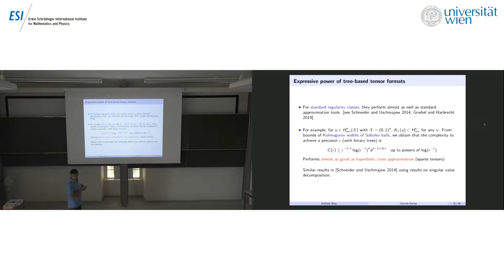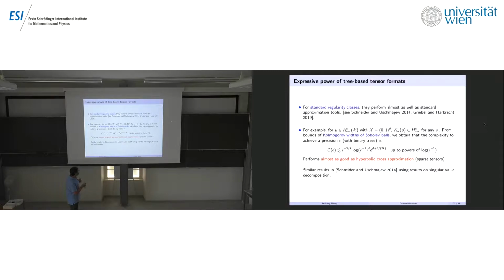The partial evaluation for H^K mix will also be in H^K mix space. So then, knowing the behavior of Kolmogorov width of Sobolev balls, you can have a bound on the complexity to achieve a certain precision epsilon, which will be like this.